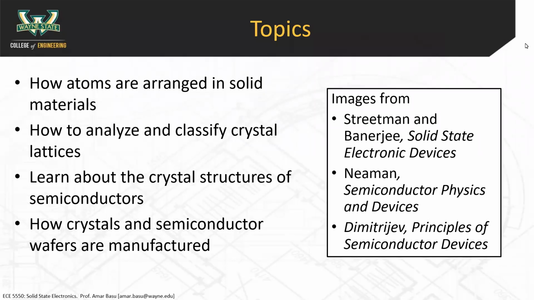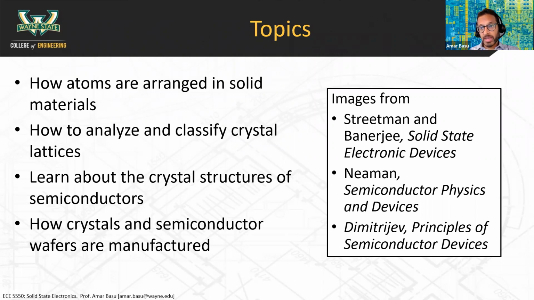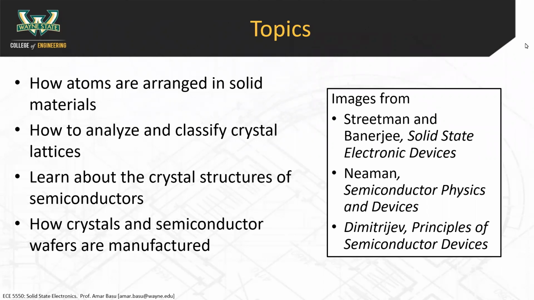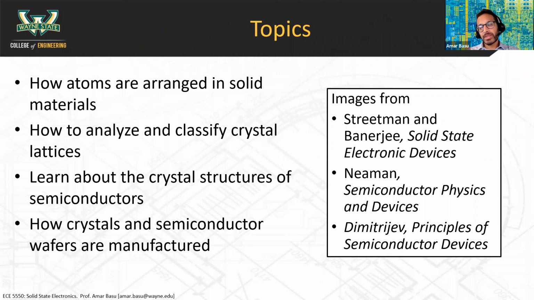Is it a diamond cubic? Close, very close. Anyone else want to take a guess? It is diamond. It has the word diamond in it. Diamond lattice? Yeah, it's just called the diamond lattice. That's right. Now, it does have a cube form, so I understand where the cube came from, but it's just called the diamond lattice.